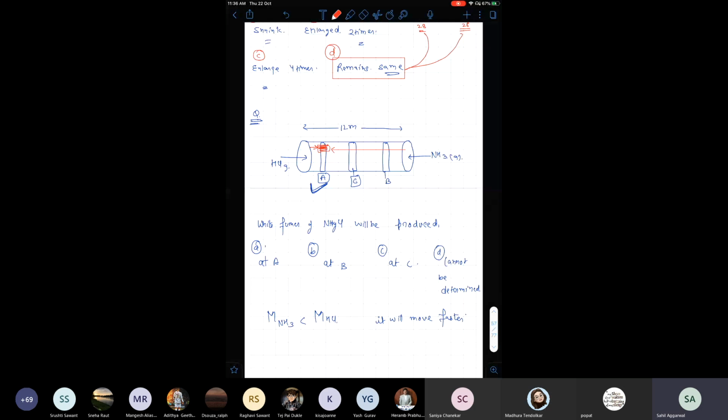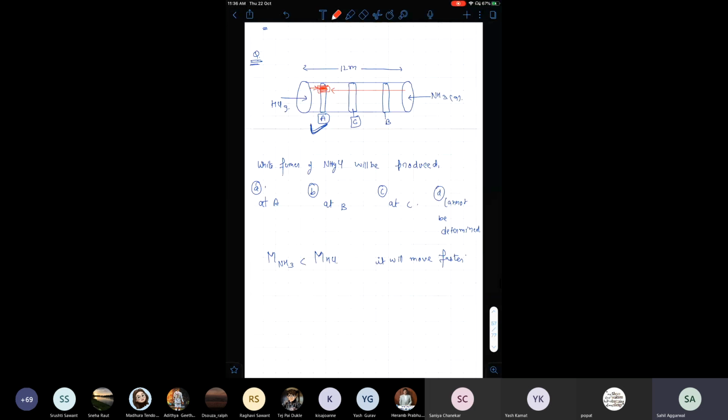So we are assuming that C is in the middle of the tube, because we do not know actually where it is present. We can calculate that as well, but I'll tell you in the numerical types. As of now, we are assuming this in the middle, और इसको हम मान रहे हैं towards NH3, and this is towards HCl.